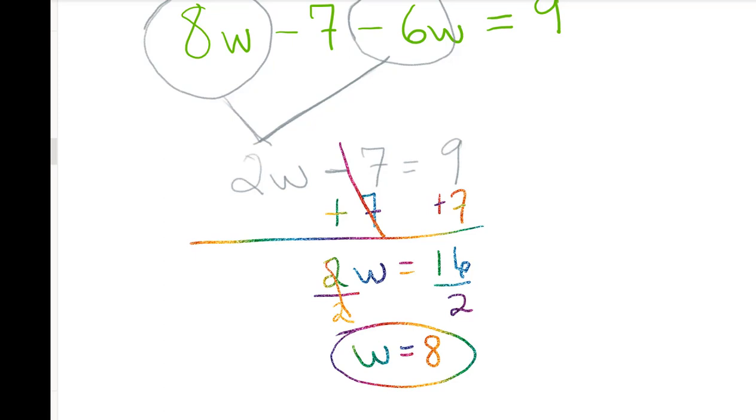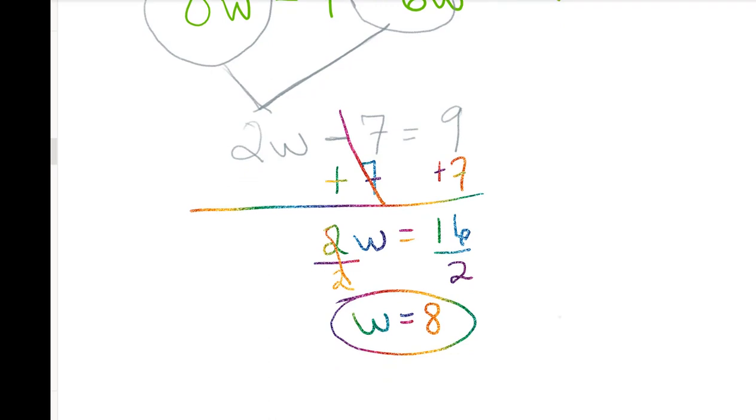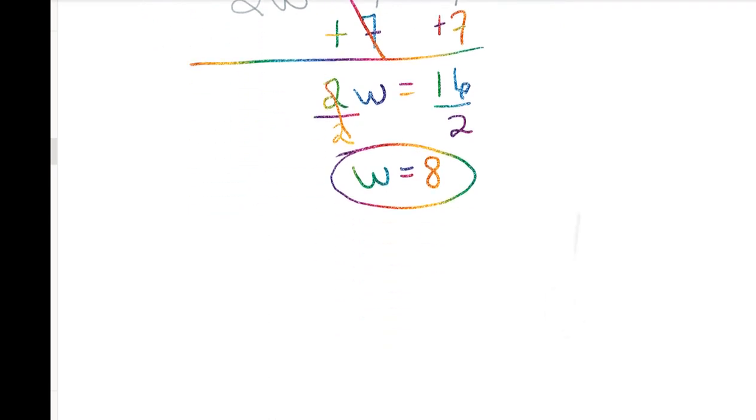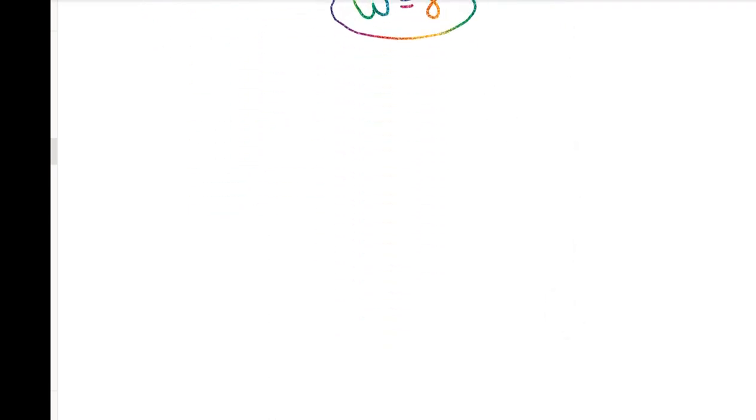All right, let's try another one. This one I'm going to try a little bit different. Let's say we have 6 equals 2m plus m plus 15.